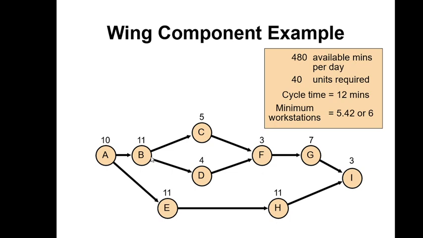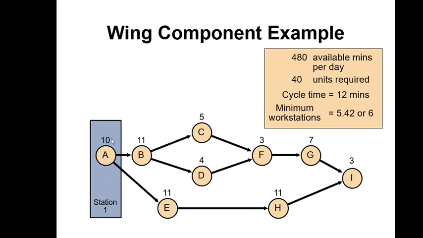Now, station number 1 will be assigned for whom? Don't forget that the cycle time is 12 minutes, guys. We have 6 workstations. Task A will be assigned to station number 1, whose cycle time is 12.